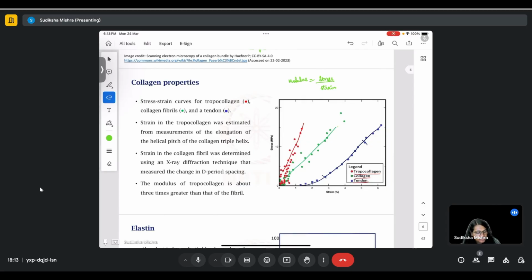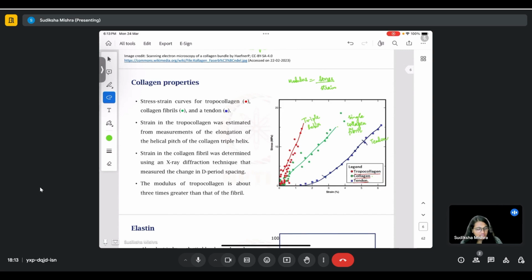By collagen it means a single fiber of collagen, whereas tropocollagen is the triple helix structure. This is a single collagen fibril, this is a triple helix, and this is the tendon.